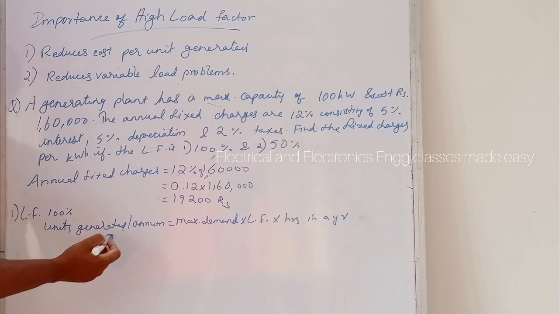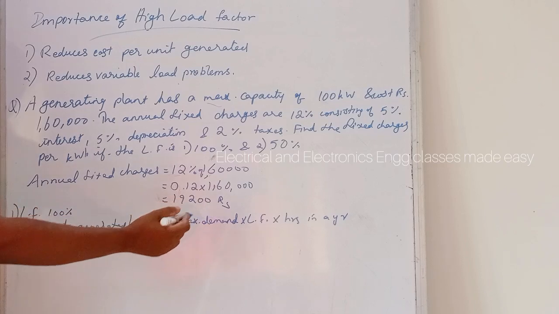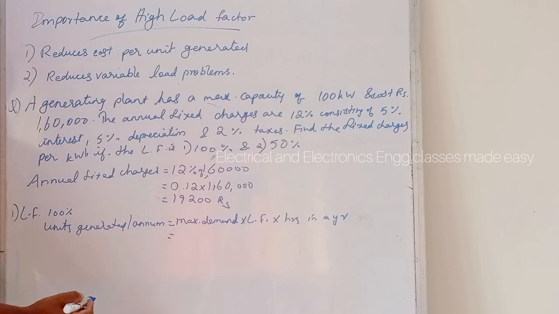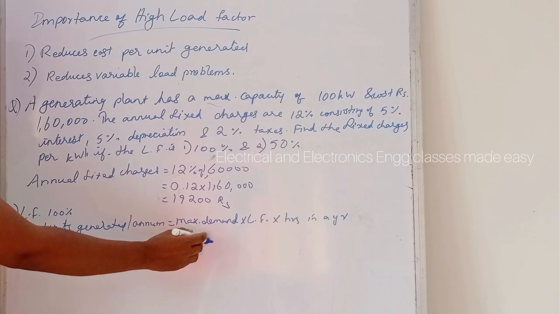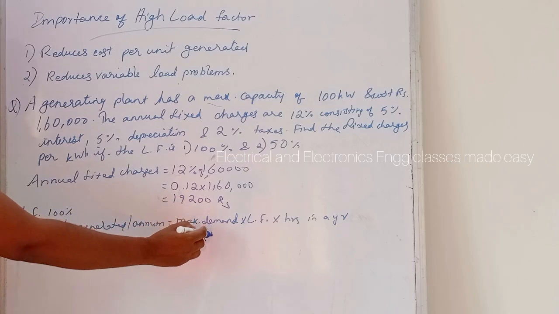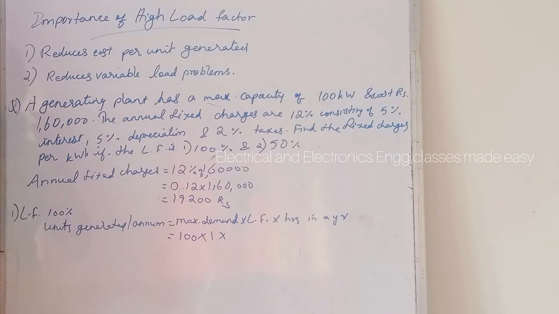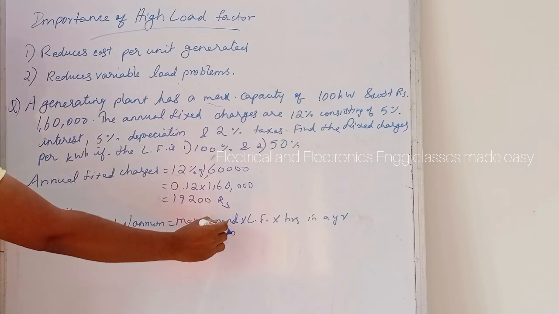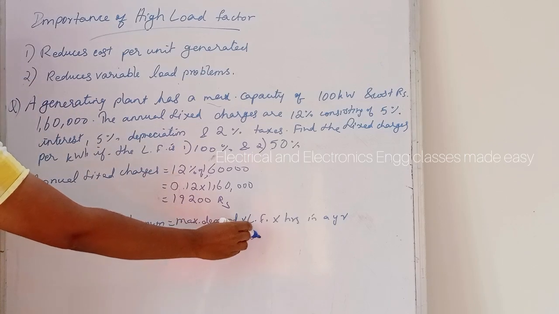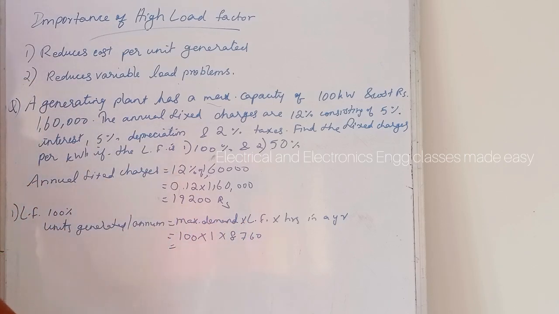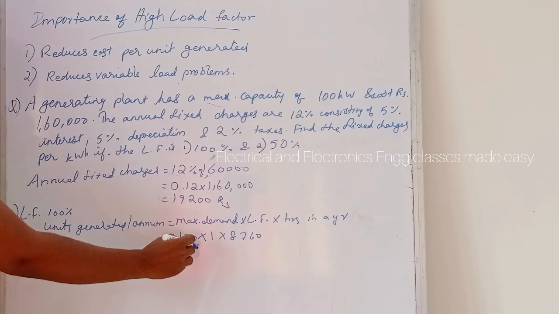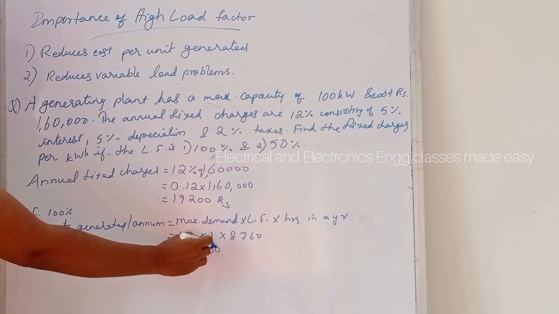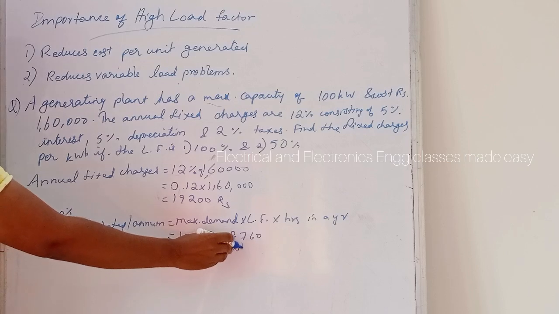So units generated per annum is equal to maximum demand into load factor into hours in a year. So maximum demand is 100, then load factor is 100%, that is 1, into hours. Hours in a year is 8,760. So we get 8,76,000 kilowatt hour.